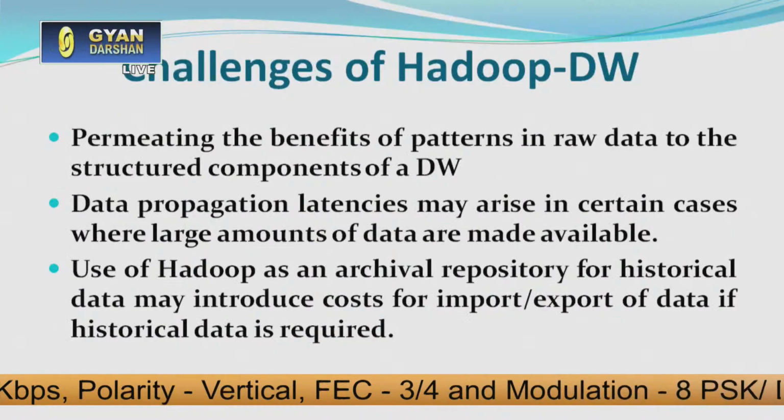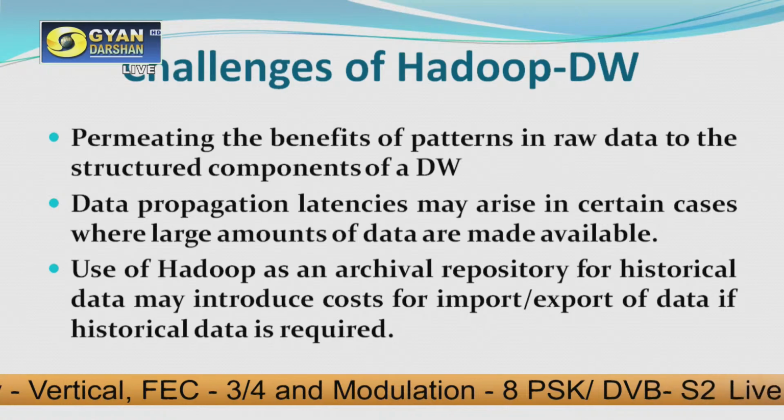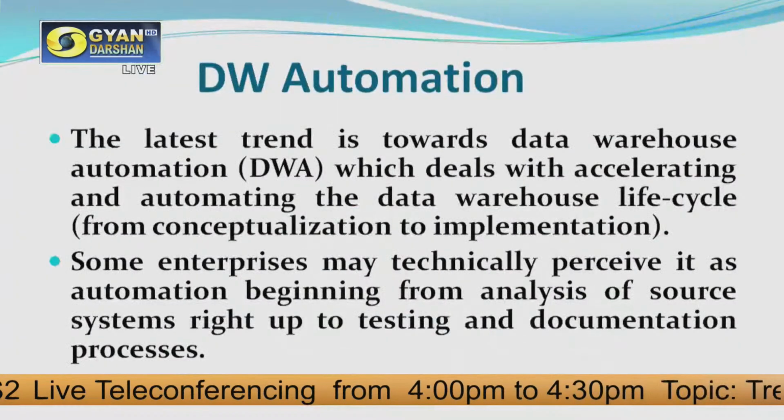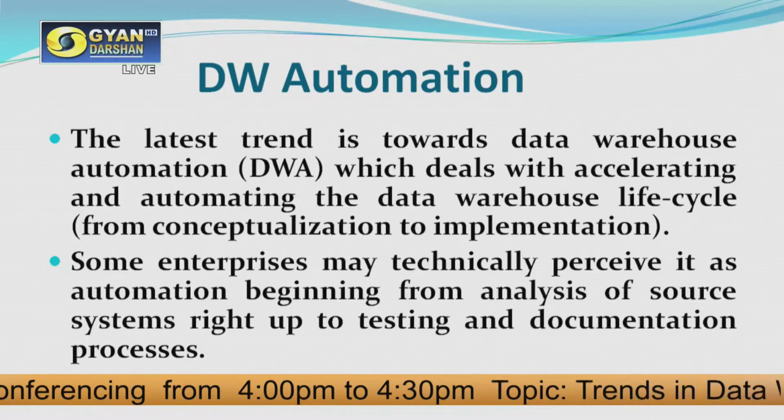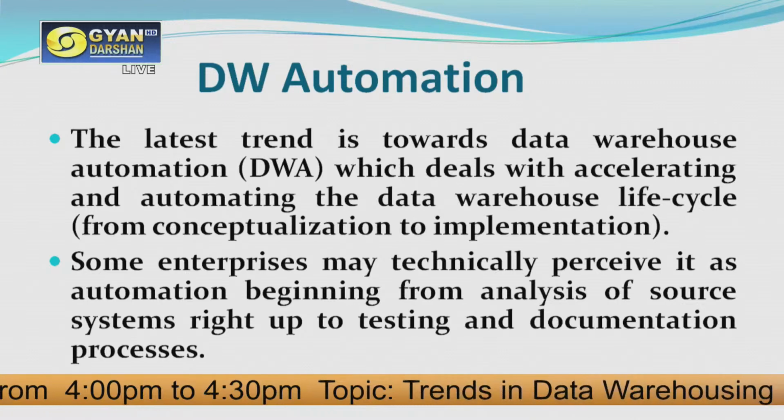Whenever you do such kind of things, obviously the cost will also escalate for import, export and other kinds of things. So this is the third challenge that we can talk about whenever the Hadoop and DW architecture comes into the picture. Then the last topic which we had seen in Unit 6 is data warehousing automation.